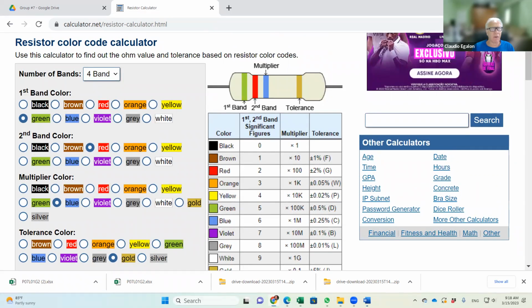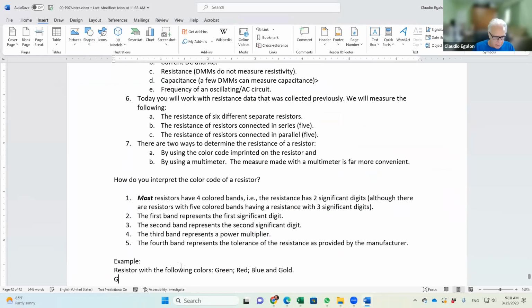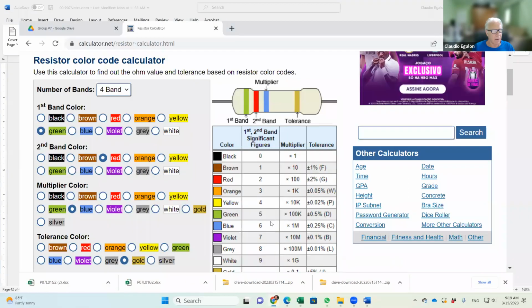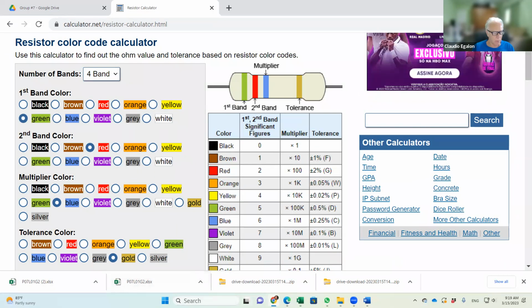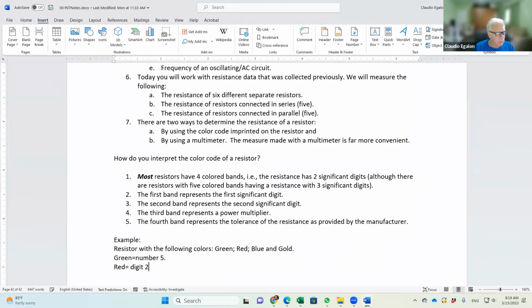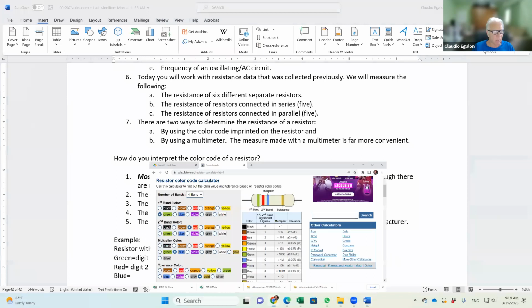Okay, and let's go. Green represents number 5. Red, digit 2. Let's put digit 2 instead of number. Digit 5, digit 2. The blue represents what?